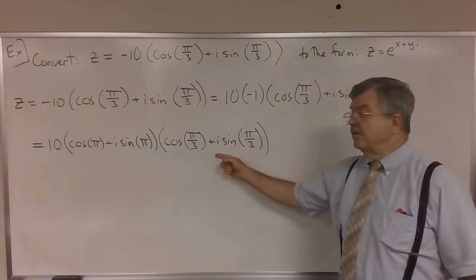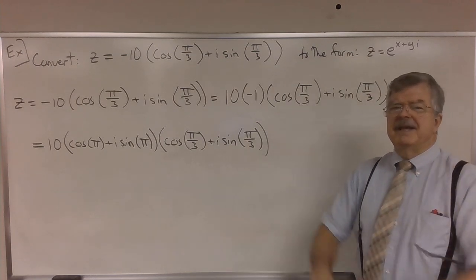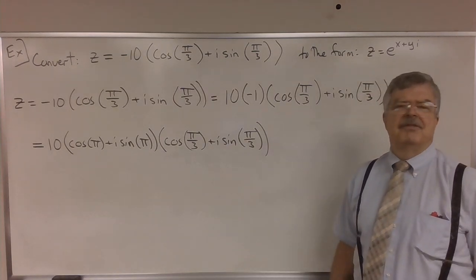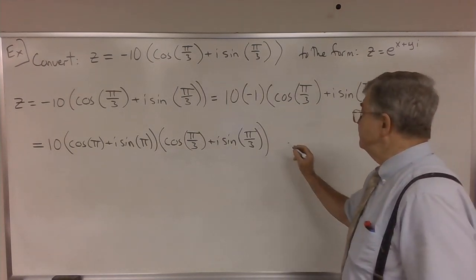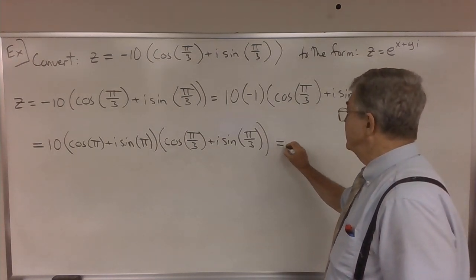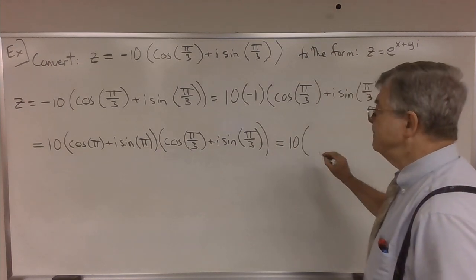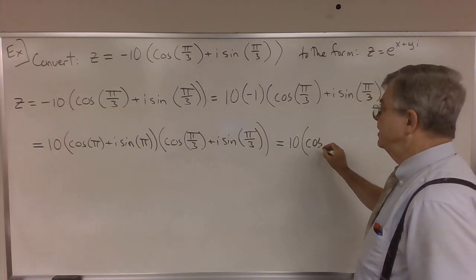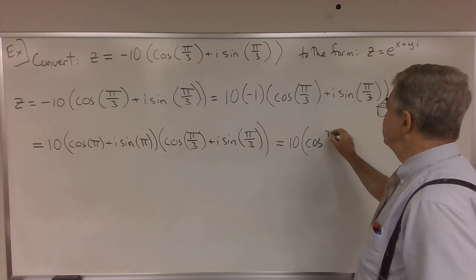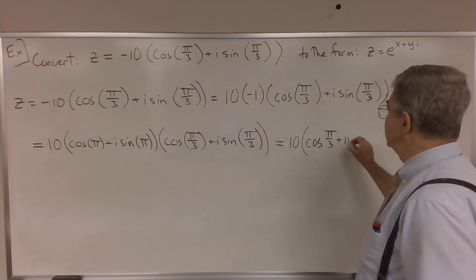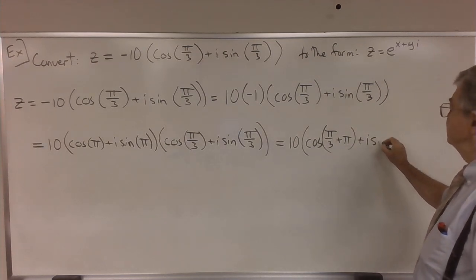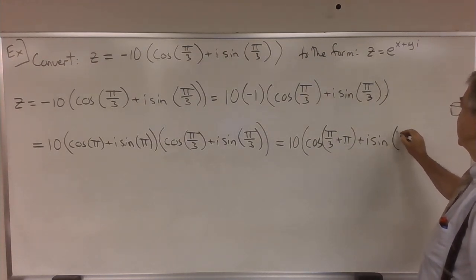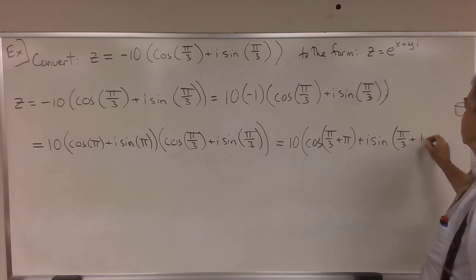And in polar form, multiplication is the easiest thing in the world. The angles just add, right? So we have 10 cosine of pi over 3 plus pi plus i sine of pi over 3 plus pi.